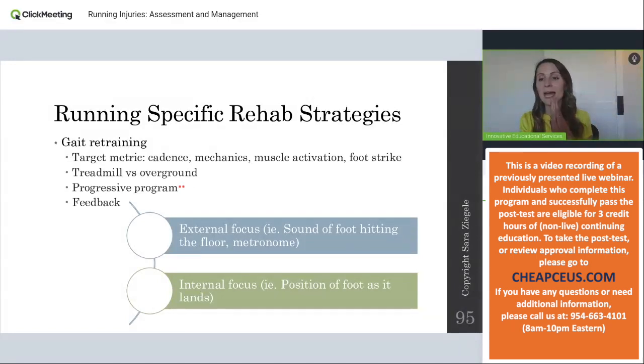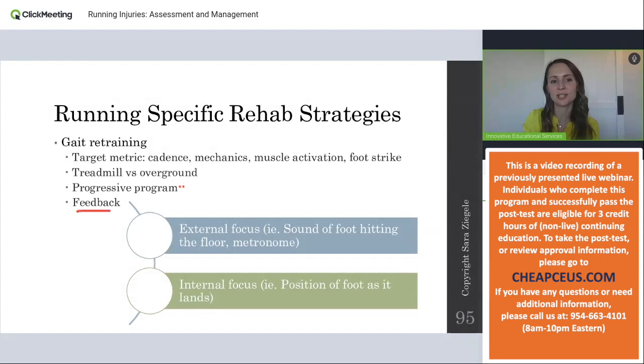I might tell them every 5 minutes, I want you to check in for 30 seconds to a minute on your turnover rate. And then each 5 minutes, I want you to check in again. And then over time, we want to build up how long you're doing that turnover for. So that's the kind of progressive nature we're talking about, so that the tissues can adapt over time, because we know that running differently is going to feel different and work different with those muscles.